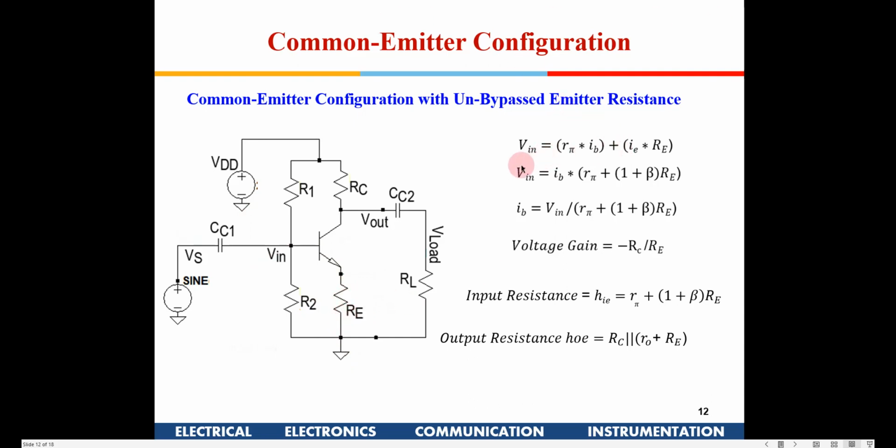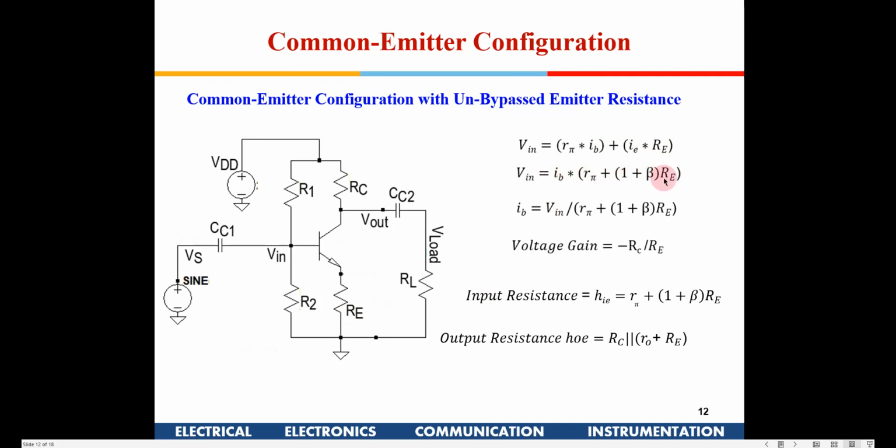Now the voltage in the small signal, Vin which is applied here will be r pi into IB, and then you have an IE into RE. Now IE can be written as 1 plus beta times IB, and then you take IB common.